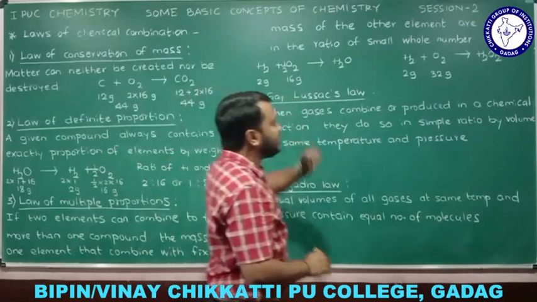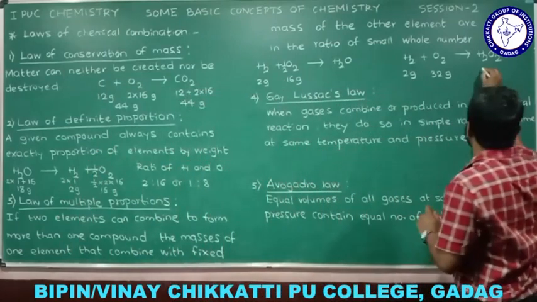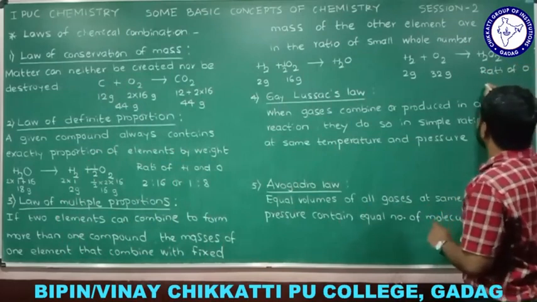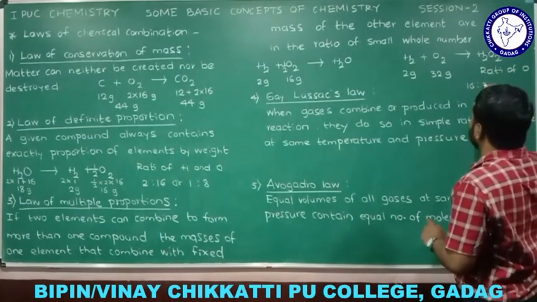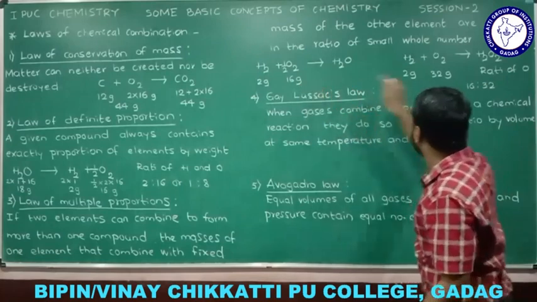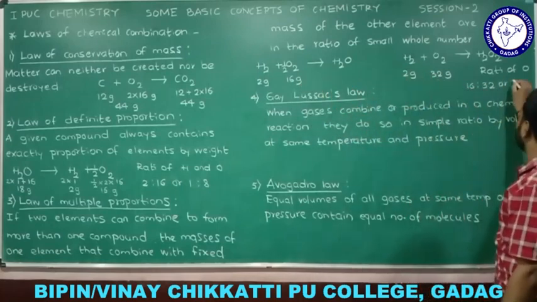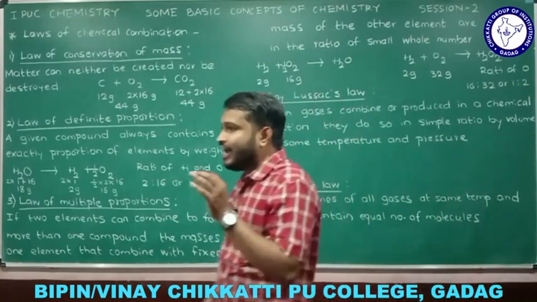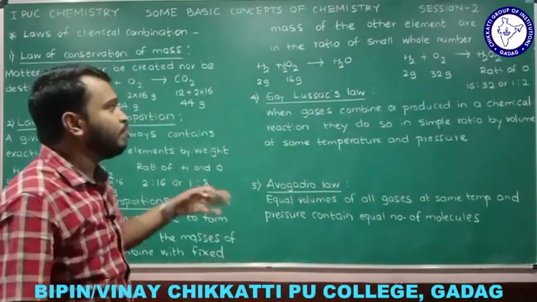So what is the ratio of oxygen? I will write it here. 16:32. See here, 16 grams and 32, or you can say 1:2. So that ratio we can write, and it will always be a simple whole number ratio.